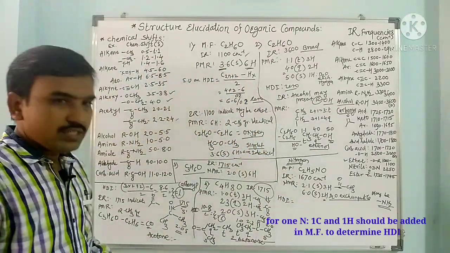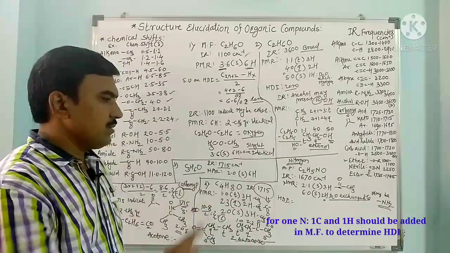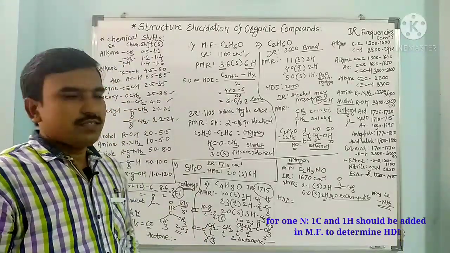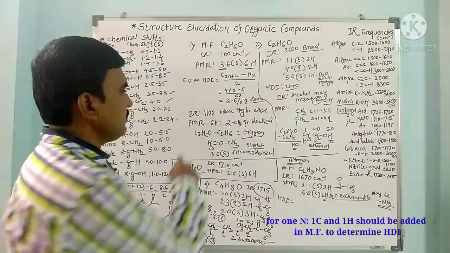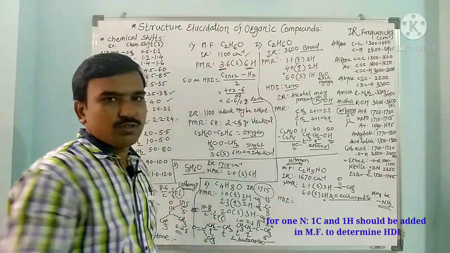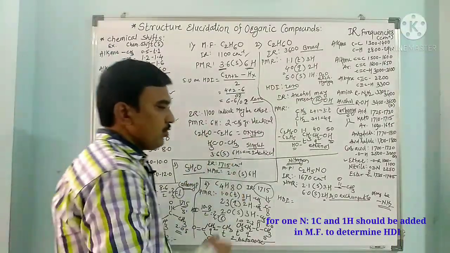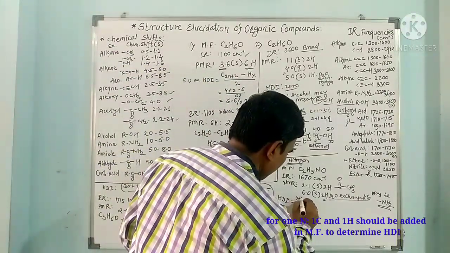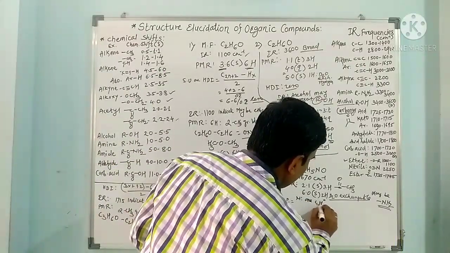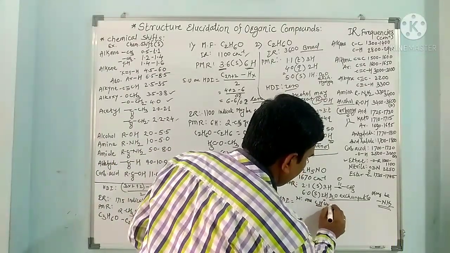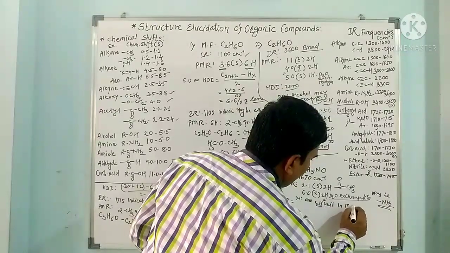Now I have to find out first the sites of unsaturation, the hydrogen deficiency index. Whenever I have to find the hydrogen deficiency index of a compound containing nitrogen, there is an odd number of hydrogens, so if we directly put this in the formula, we will get fractions. So for the nitrogen, increase by 1 CH unit, that is 1 carbon and hydrogen in the molecular formula.